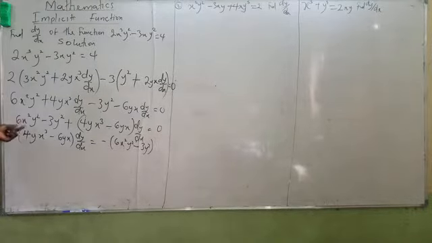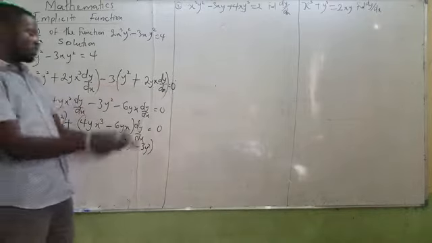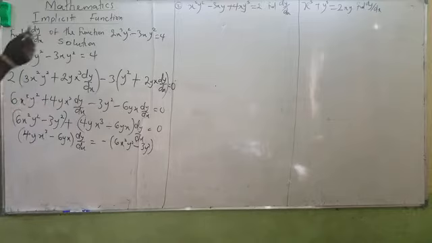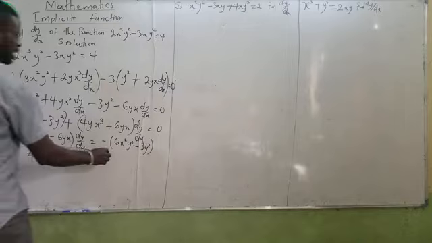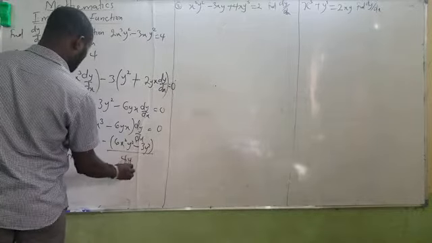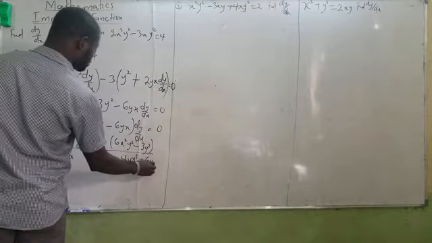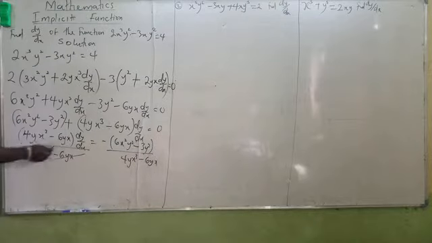Now, can you see? I just bring what is here to the other side of the equation. Now, I will now divide both sides by what? By 4y x cubed minus 6y x. This will cancel this.